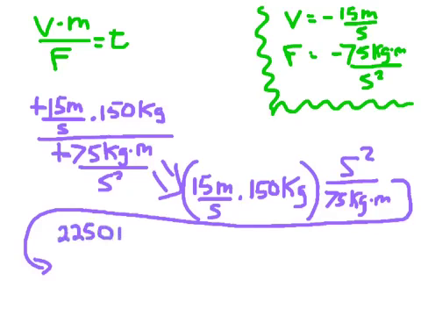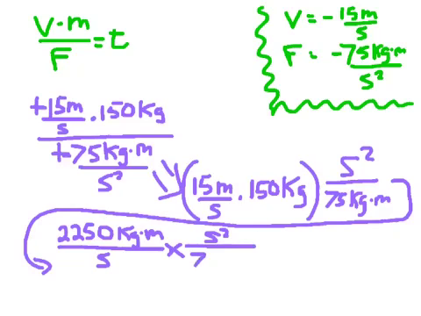2250 kilograms times meter over second, and this is times second squared over 75 kilograms times meter. Now let's look at our cancellations. Kilograms goes away with kilograms.